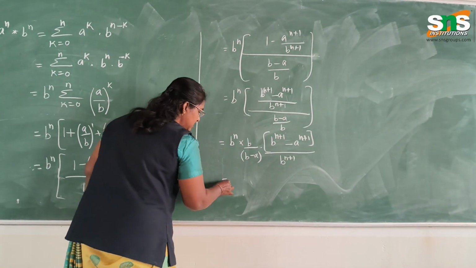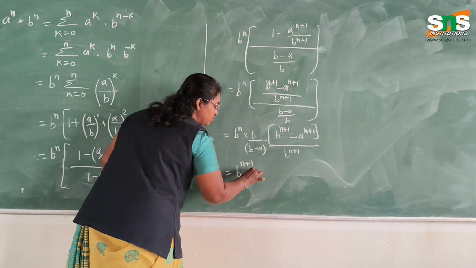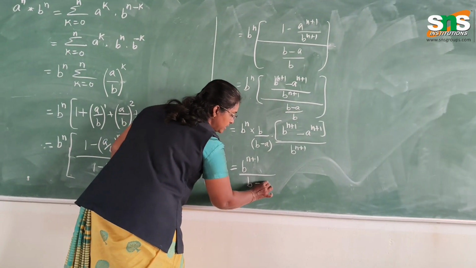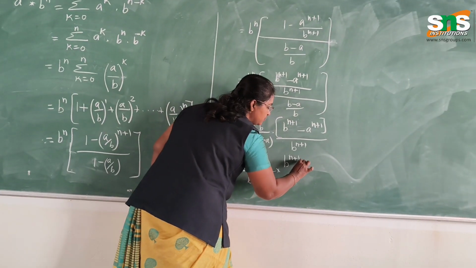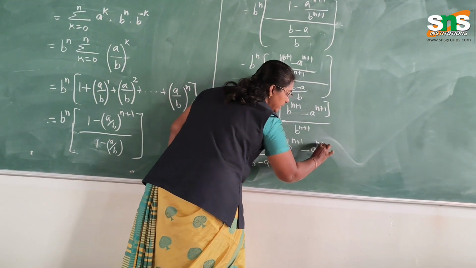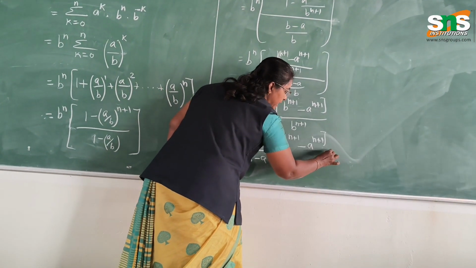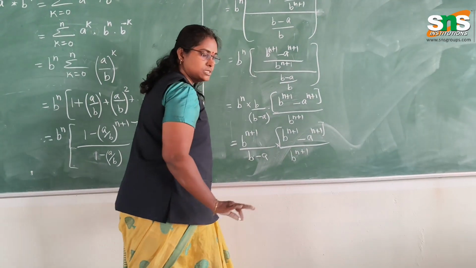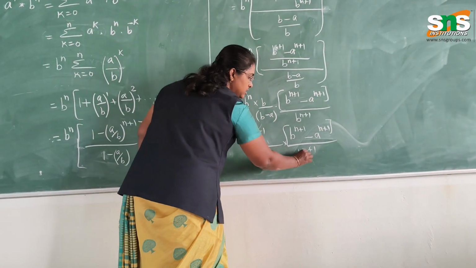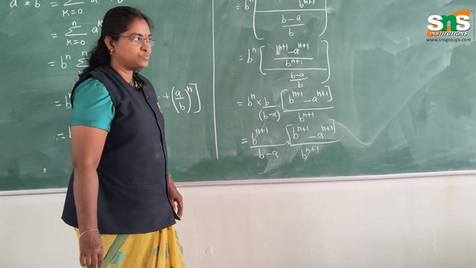So we can write this as b power n plus 1 divided by (b minus a) into (b power n plus 1 minus a power n plus 1) in brackets, divided by b power n plus 1. Now we can cancel the b power n plus 1.